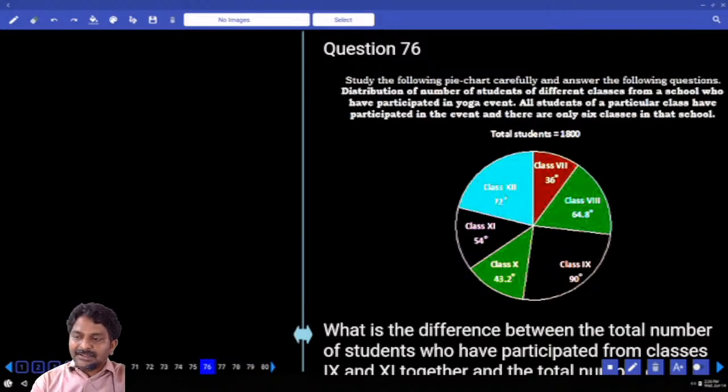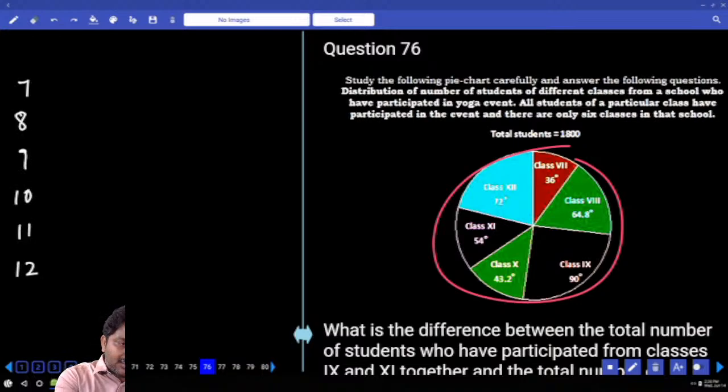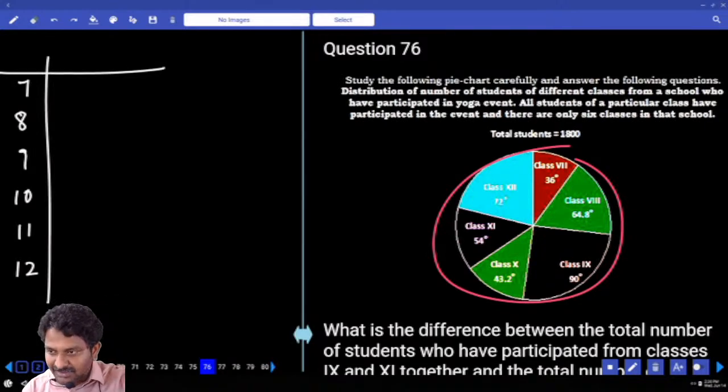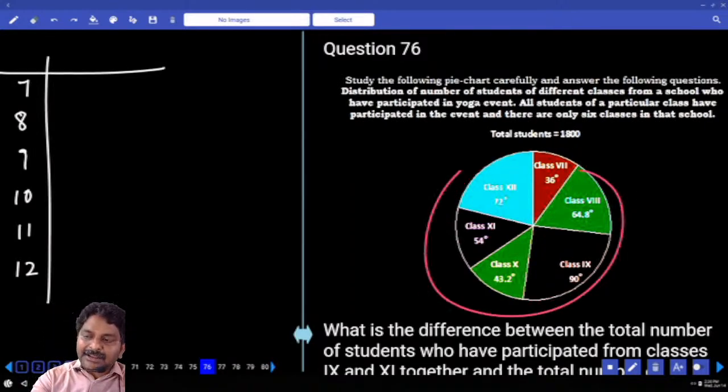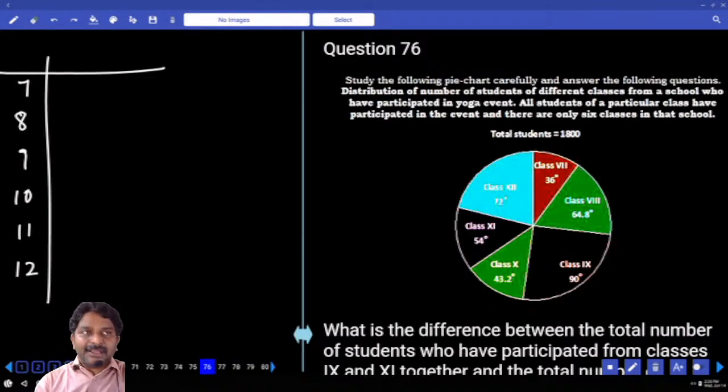Okay, right. 6 classes, from 7, 8, 9, 10, 11 and then 12. There it was mentioned as a Roman number, but I am writing English numbers. Is that okay? Fine. When you look at the data, the segregation is in degrees, right?